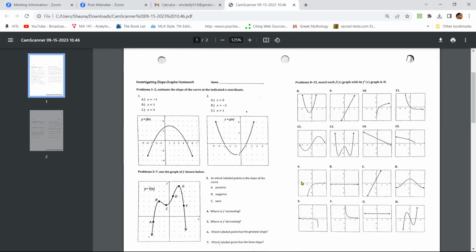We can eliminate A, because it's defined for negative values and we don't have any negative values in number 10. We can eliminate E, which leaves us with F.